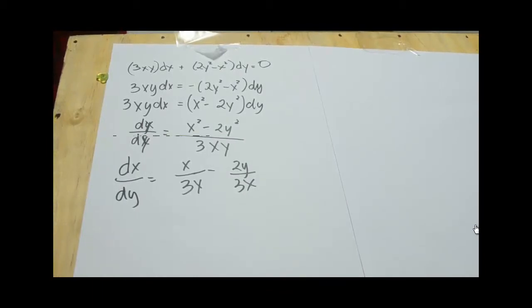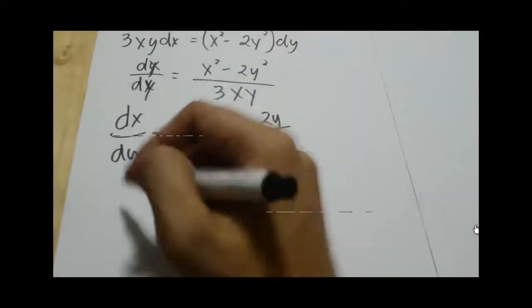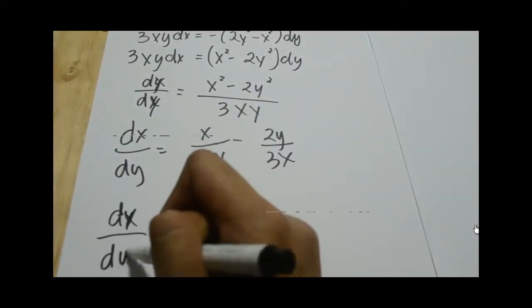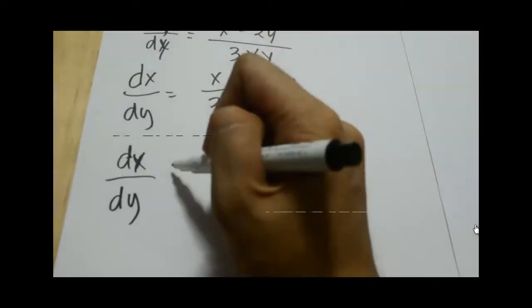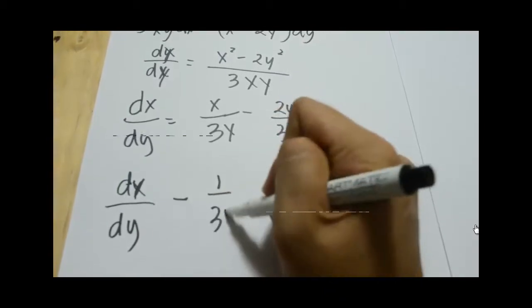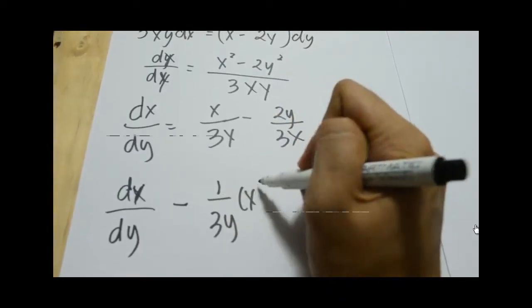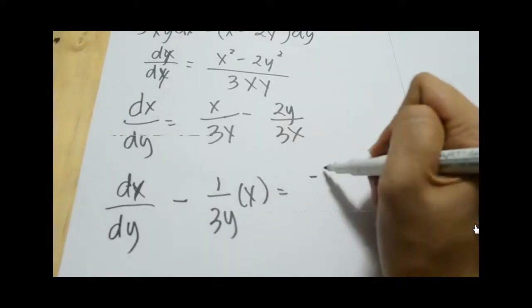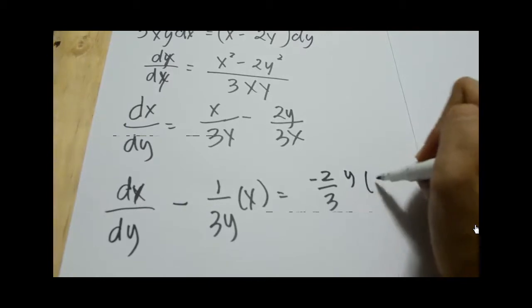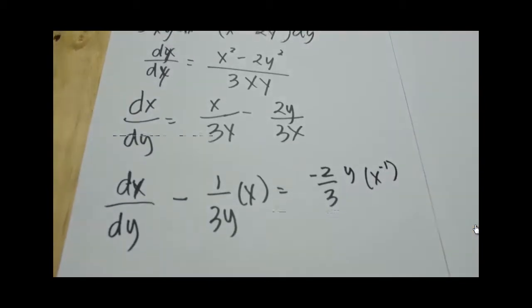So this is our equation, and with this we can see that this could be arranged in a linear form, and we will do it this way: dx over dy minus 1 over 3y times x is equal to negative 2/3 y times x to the negative 1.